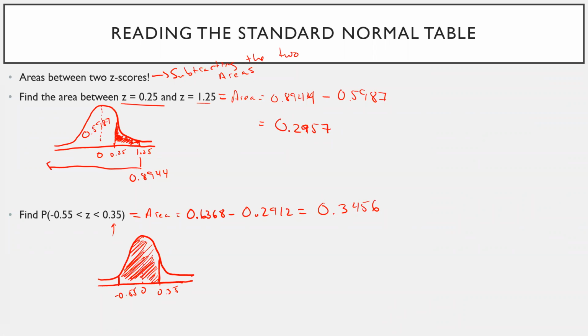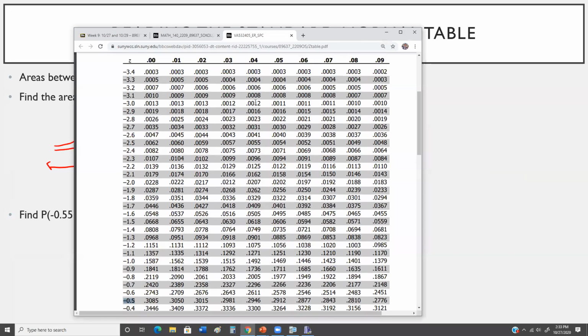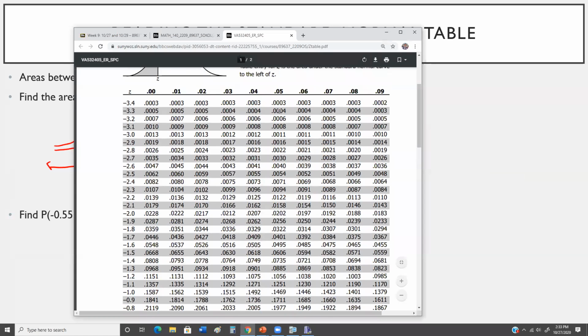Isn't that shaded portion to the right? No, so you probably looked up negative 0.55. Do you see my table right here? Here's negative 0.5, and then the last digit is a 5.